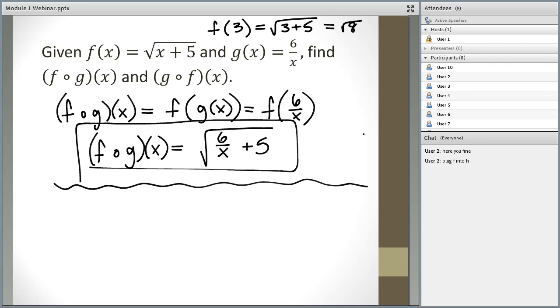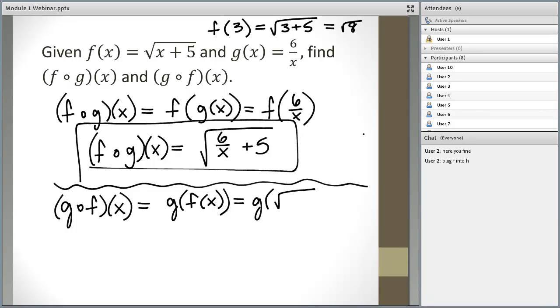Okay, so g composed of f. What is this telling us to do? It's telling us to plug f of x into g of x. So another way to write it is g of f of x. It's saying plug f of x into g of x. And we know what f of x is. It's the square root of x plus 5. So I have g of the square root of x plus 5.